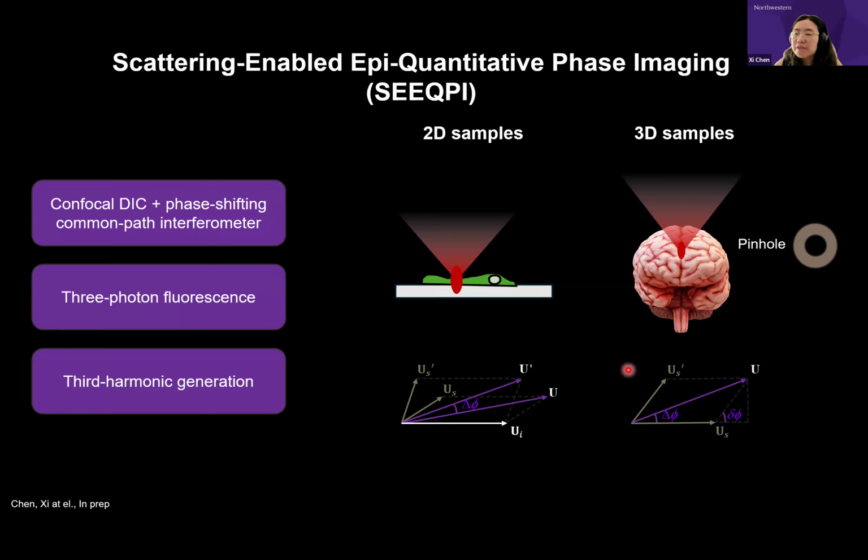Because you don't have a reference field, now you have a lot of phase wrapping problems, and you will lose the meaningful information of the biological samples. So this is what we developed for the 3D, we call it the self-referenced scenario. So we introduce a U to have a new reference so that we can have the meaningful phase introduced by the sample.